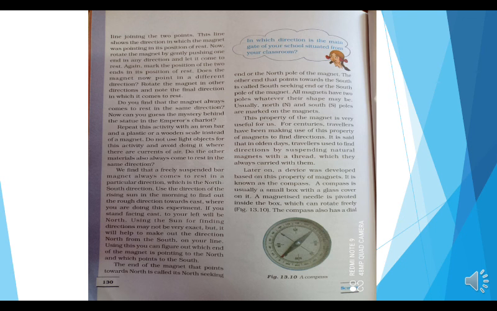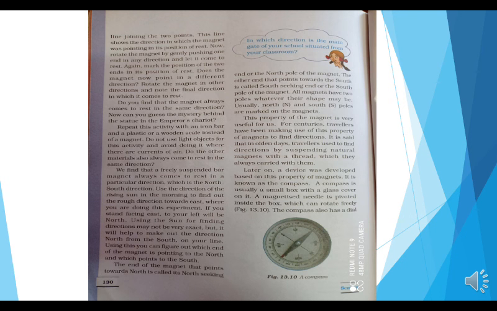Now, use the direction of the rising sun in the morning to find out the rough direction towards east where you are doing this experiment, because the sun rises in the east.